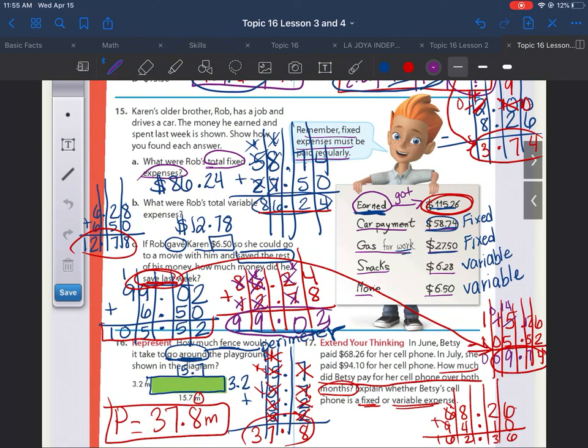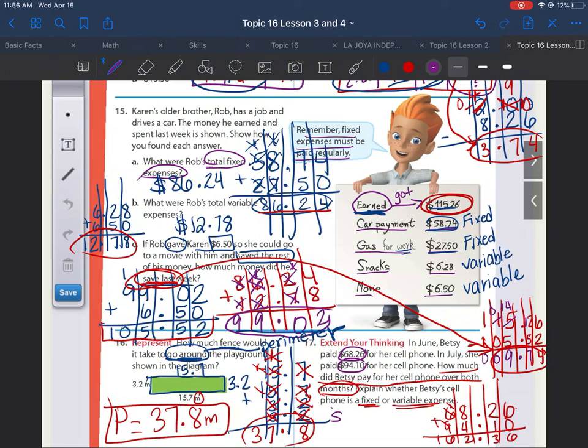Now, here's what I was talking to you about. Does she have to pay her cell phone every month? Yes. Did the amount change? Yes, it's a variable expense because the amounts are going to be different. But it would be a fixed expense because she has to be paying it every month.